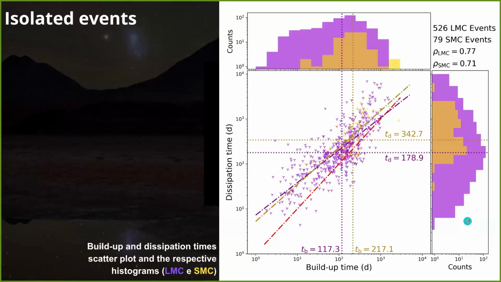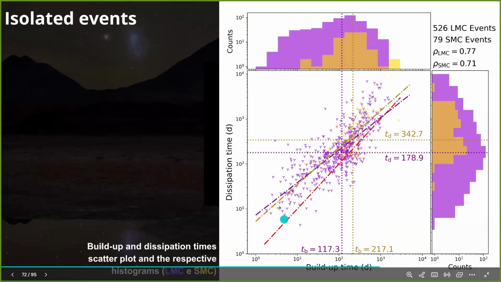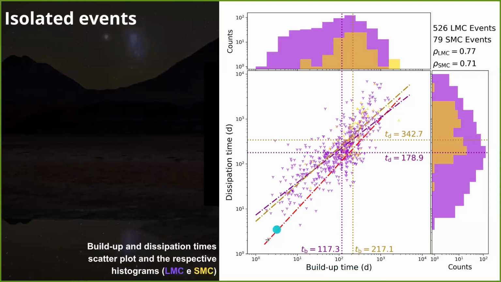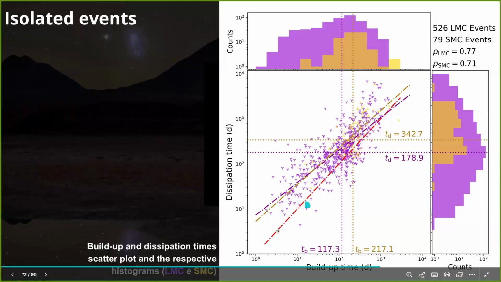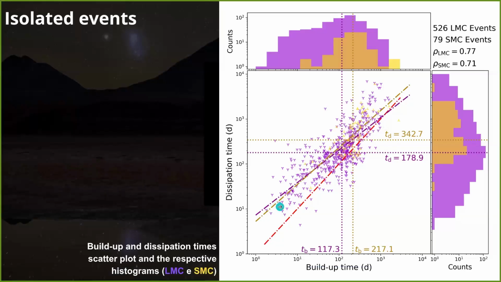Well, when we compare the build-up and dissipation times, as we show in this scatter plot here, we want to explore if those quantities have a correlation. To help our eye, I'm showing this red line, the identity line, and the different metallicity samples are shown by different colors, LMC in purple and SMC in yellow.